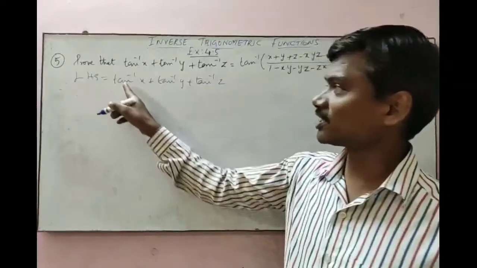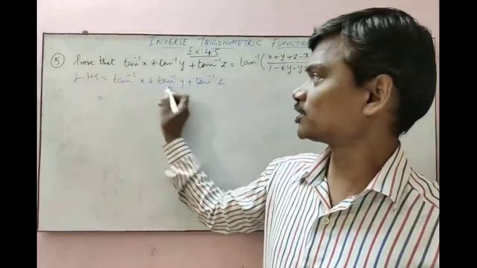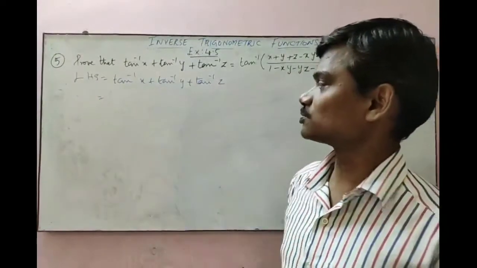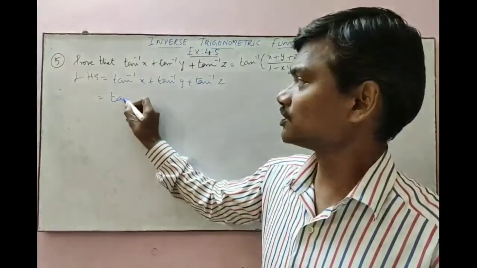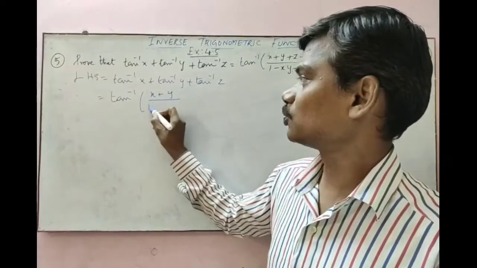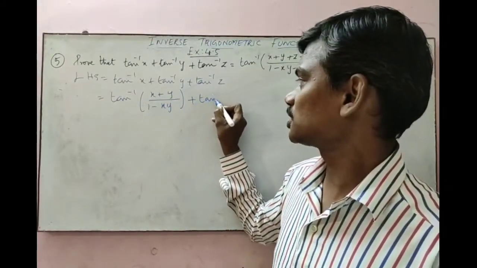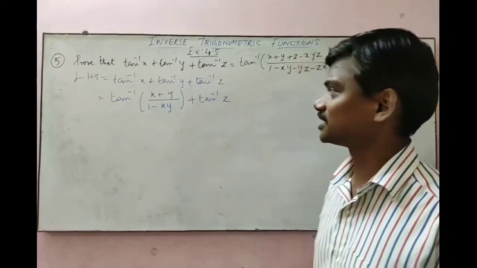We know the formula for tan inverse of x plus tan inverse of y. So first I am going to use the formula for these two terms. So you will get tan inverse of x plus y by 1 minus x into y plus, keep the third term as it is, tan inverse of z.